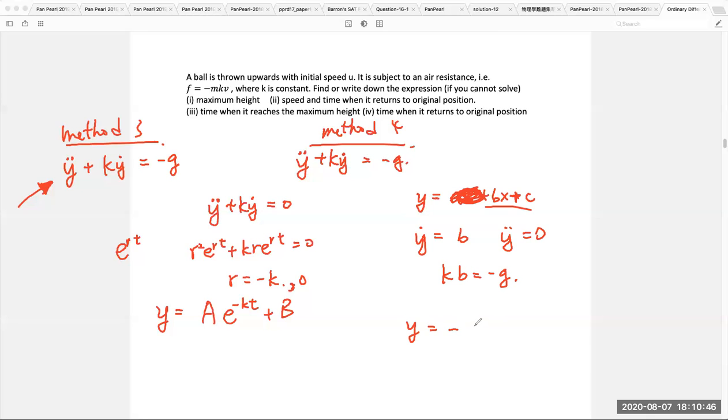So y will be negative g over k times t, plus a constant here. That means the general solution should be this one.